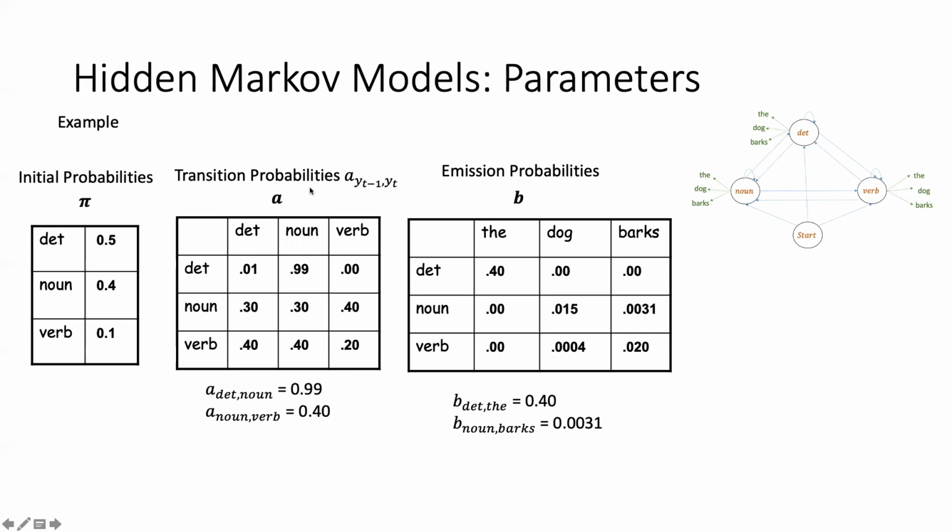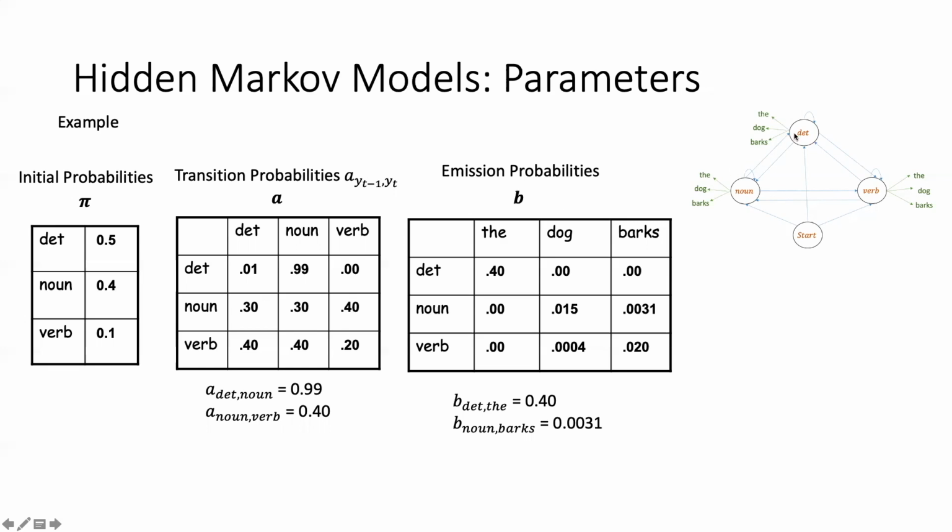These are captured using transition probabilities, a of y t minus 1 comma y t, where the rows indicate the previous state y t minus 1, and the columns indicate the current state y t. For this example, a of det comma noun indicates the transition from the determiner state to the noun state, which is indicated here, and the transition from noun to verb is indicated here.